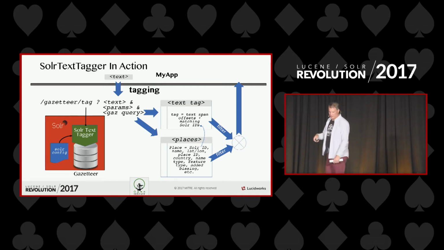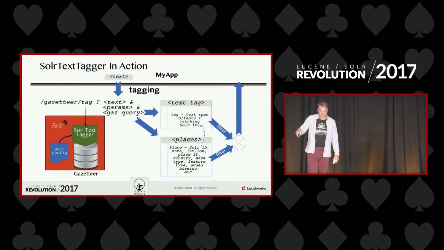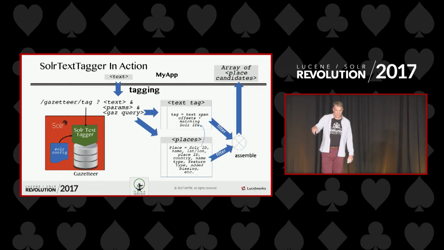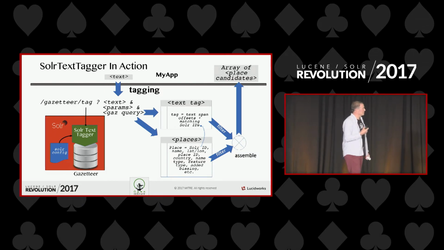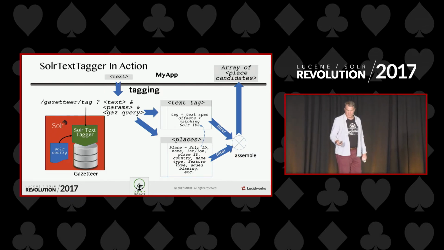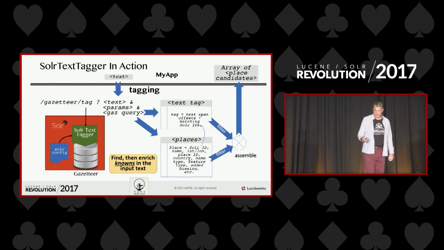That's good and bad. It requires some filtering on the end there. We assembled the results back into a logical data model called a candidate. These are place candidates. It's not a done deal yet. It's just the initial part of the solution. So we found the things we know about, and then we enrich them and return them back in the API.